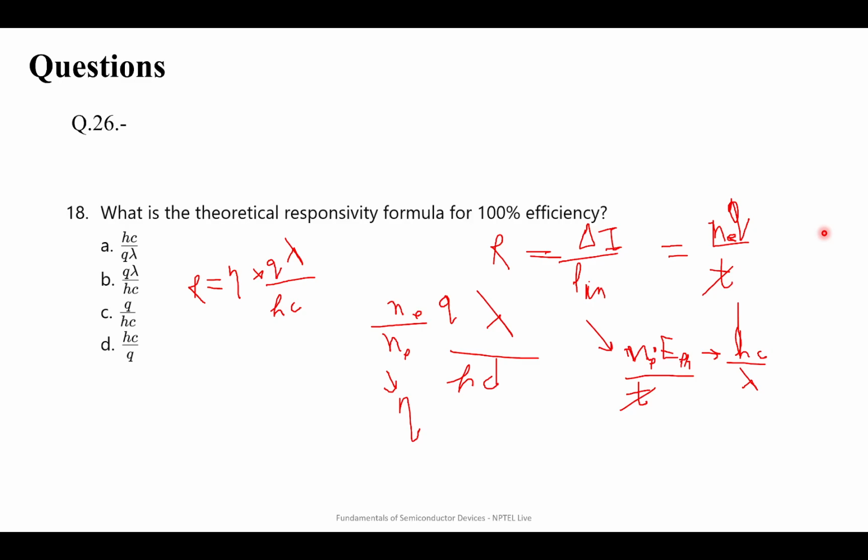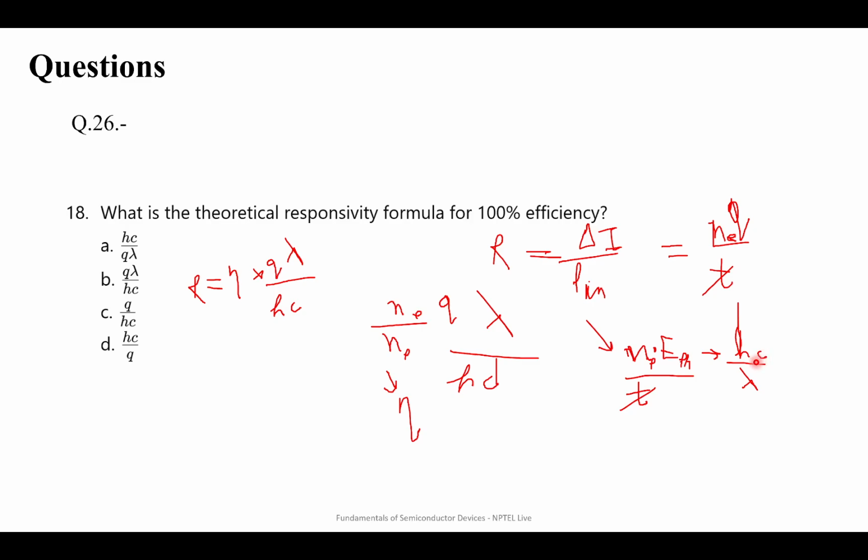And P in is given as your input power, which is the number of input photons into the energy of each photon divided by time. The energy of each photon I am writing as hc by lambda.